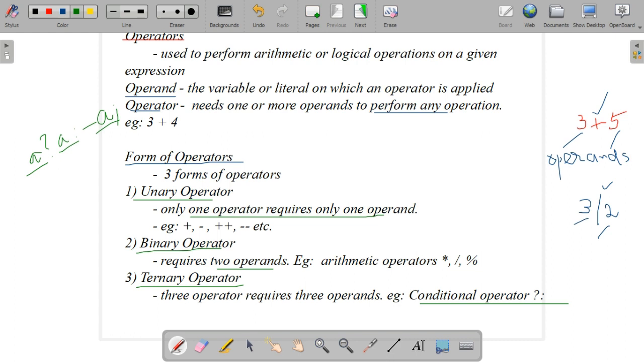If we write an expression like this, how many operands are there? 1, 2, 3. So 3 operands. It requires 3 operands. That's why it is known as a ternary operator. So these are the 3 forms of operators: unary operator, binary operator, ternary operator. Unary means only one operand is required, binary 2 operands, and ternary means 3 operands are required.